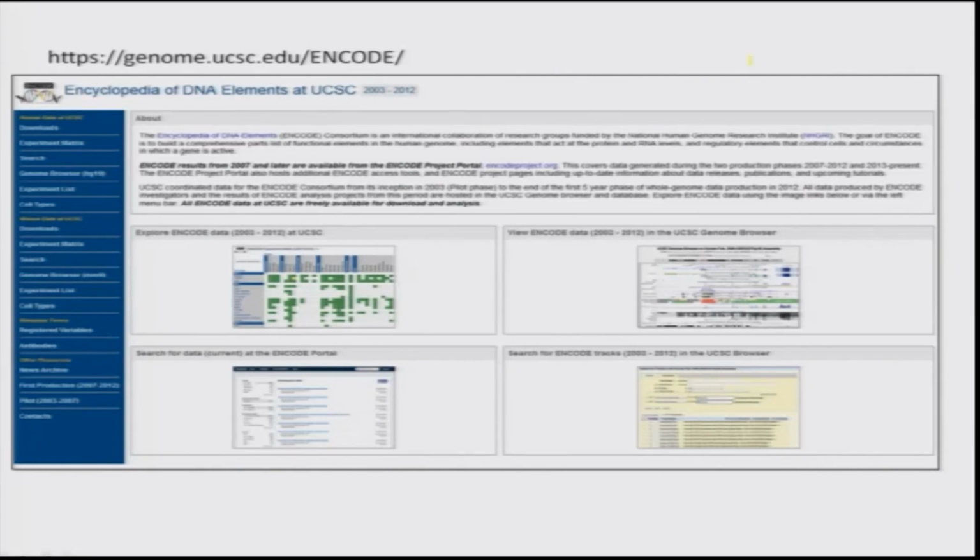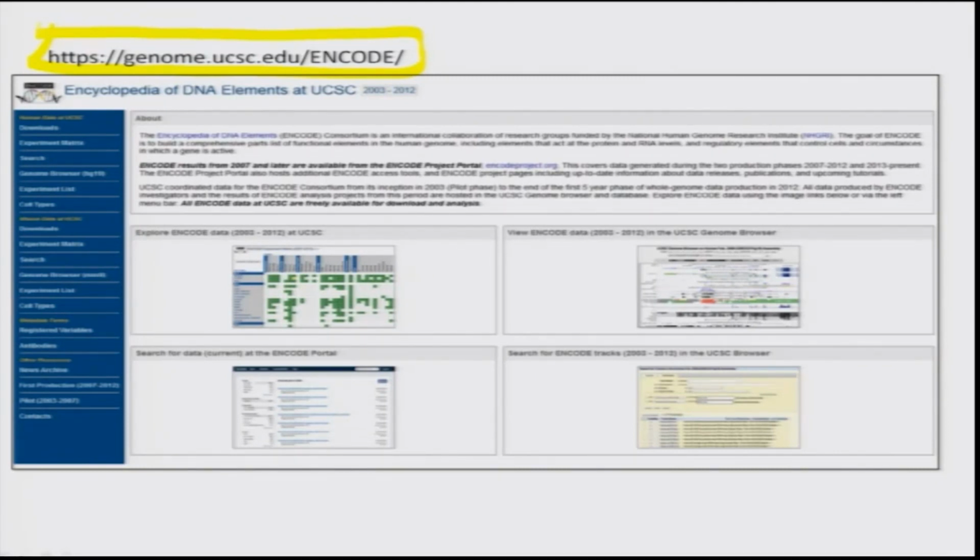We'll see some of these issues. I'm just showing you one such website, which I would encourage all of you to go and look into. This is called the Genome Browser from the University of California website, and that talks about the Encyclopedia of DNA Elements. It talks about how the sequence of the DNA is associated with transcription, modification, involvement in disease and everything.